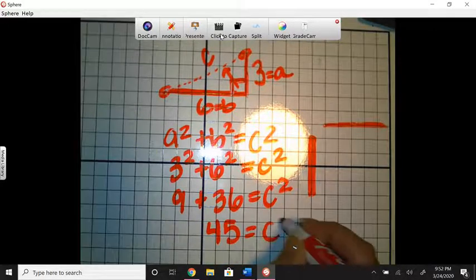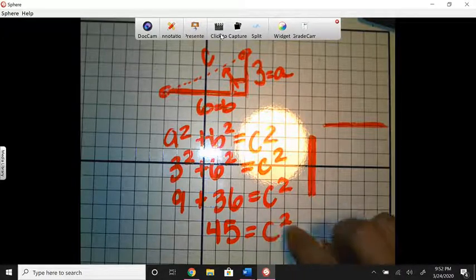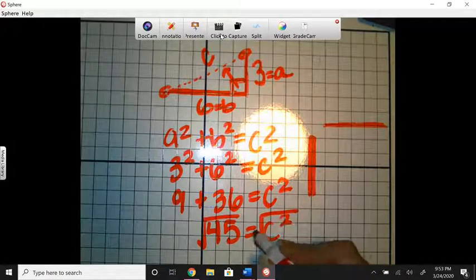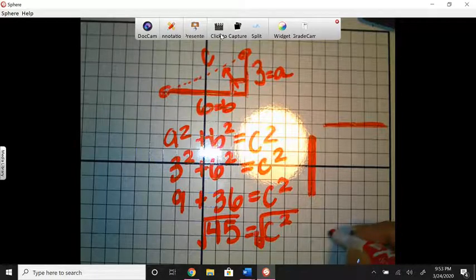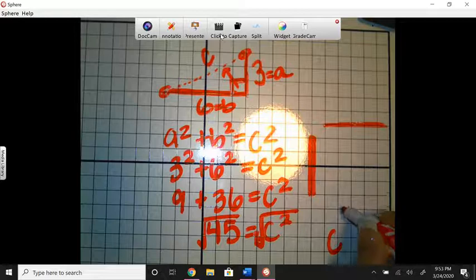And then we have learned that if we want to undo a square, we square root both sides, because they undo each other. Remember the index here is 2, and you've learned that if you take the index inside over the index, 2 divided by 2 would just make 1 exponent on c here.